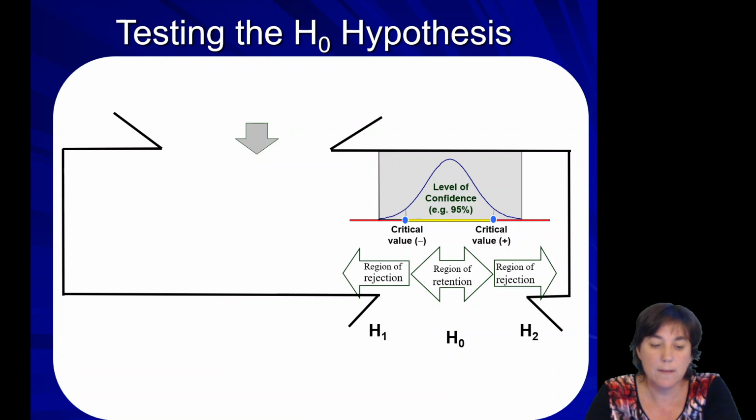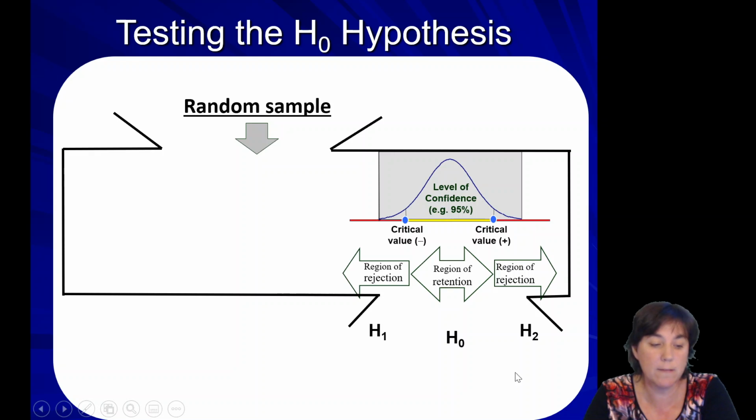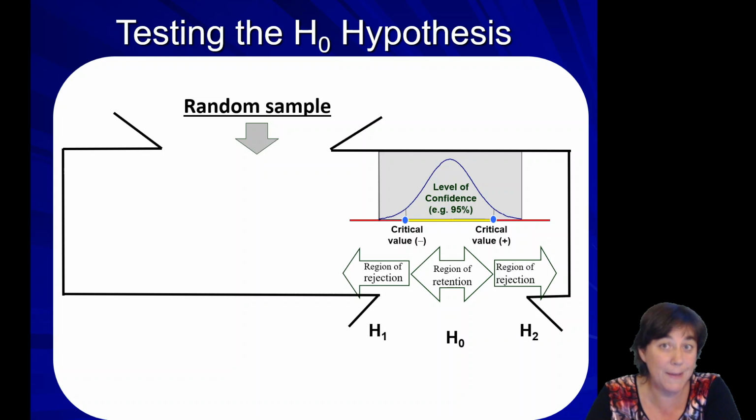So let's see how hypothesis testing works in whatever statistical program, or you could calculate it by hand as well. This is what I will show here, but of course you can rely on statistical programs to do this for you. In goes a sample. That's the first step, and it's a good, probably big enough random sample.